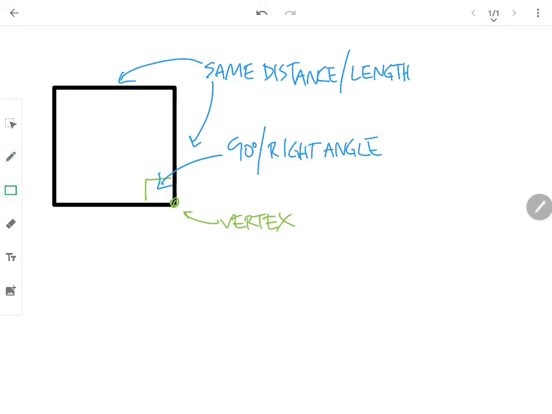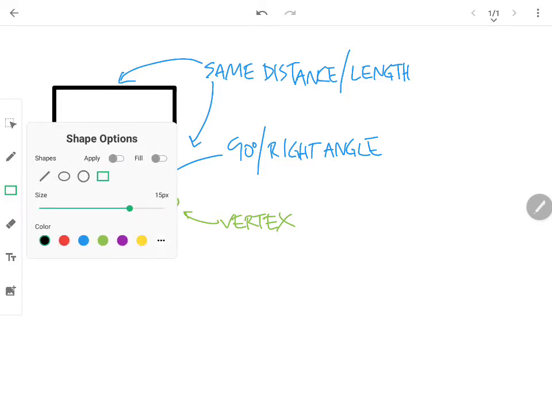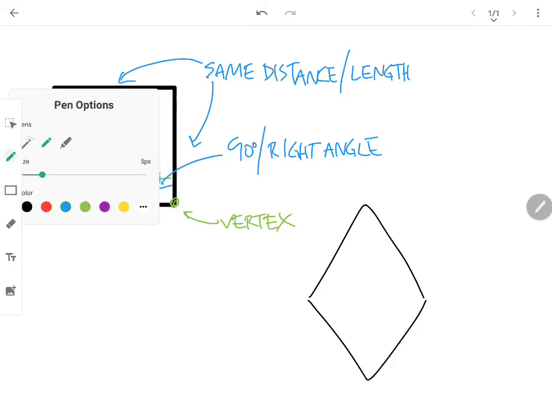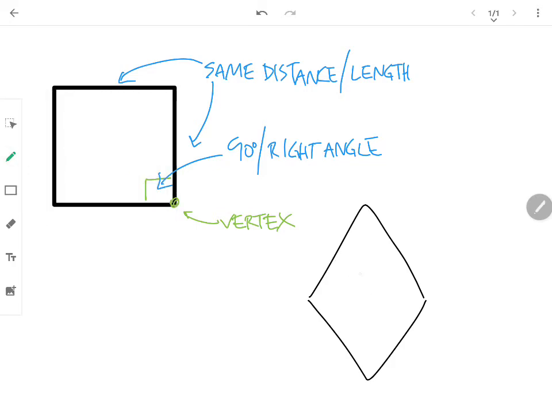But if they're not right angles, we can draw another shape that looks like a square, but it's not, and it's called a rhombus. Now the rhombus also has lines, edges.